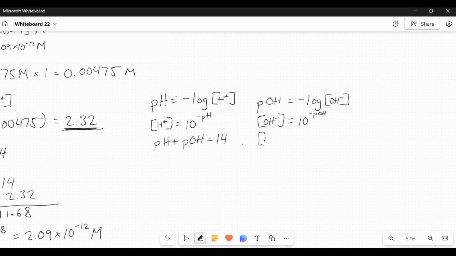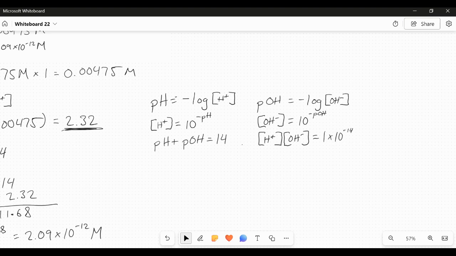That is the concentration of hydrogen times the concentration of hydroxide is equal to 1 times 10 to the negative 14 power. This one is useful. It helps you save some time, but you can get by without it.